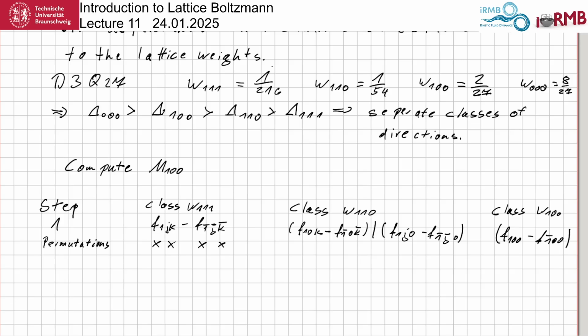Out of these, this here exists only once. These guys here exist 4 times. These guys here exist 4 times. So we do the first step here. Then we add these guys up. We do a plus of all the permutations.